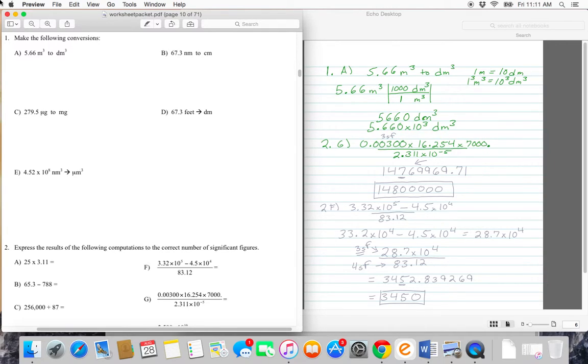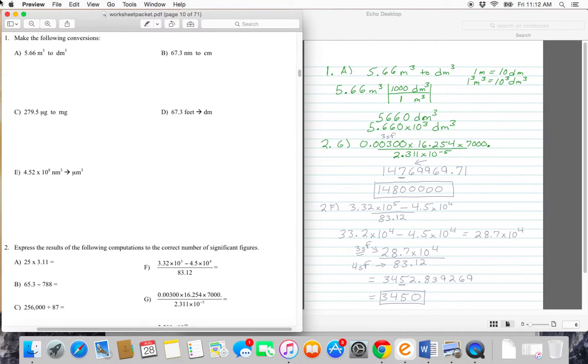The best thing to do in problems such as this, where we have multiple operations, multiplication and division, is to go ahead and determine how many significant figures are your lowest amount and your least amount.